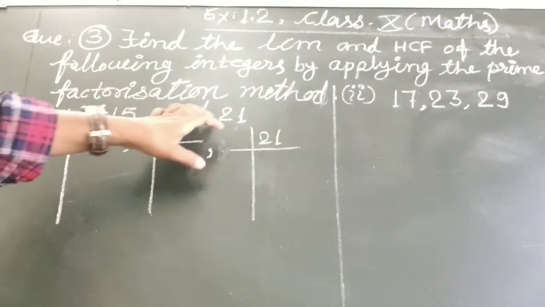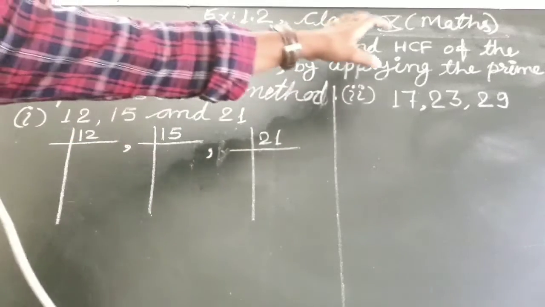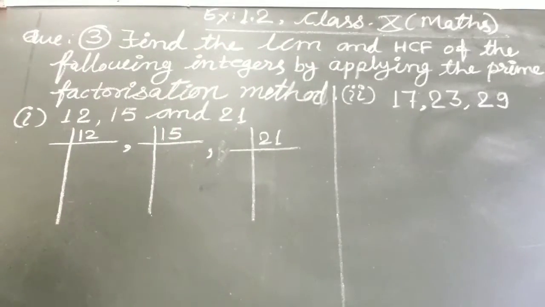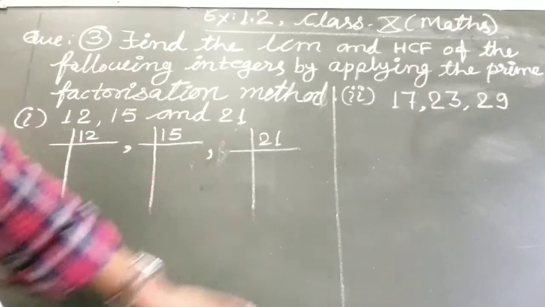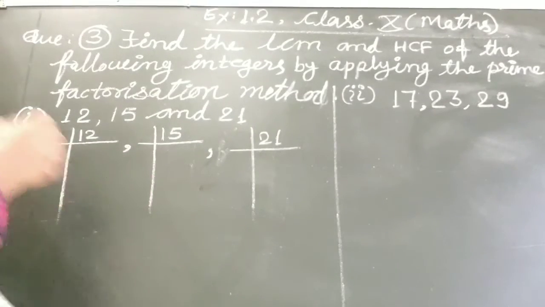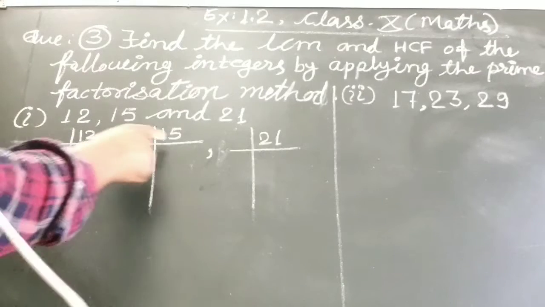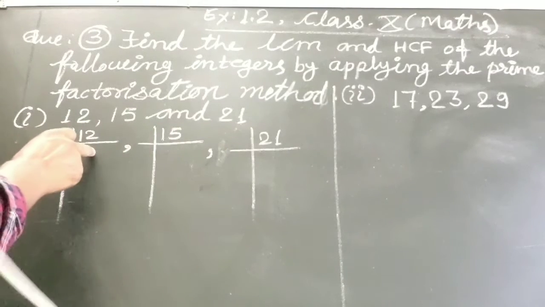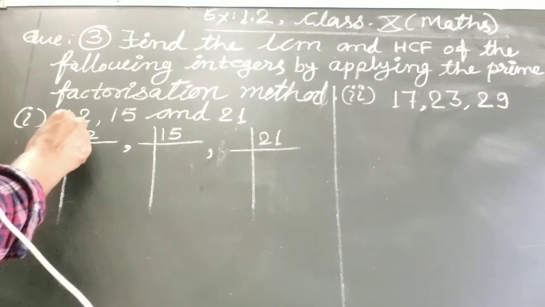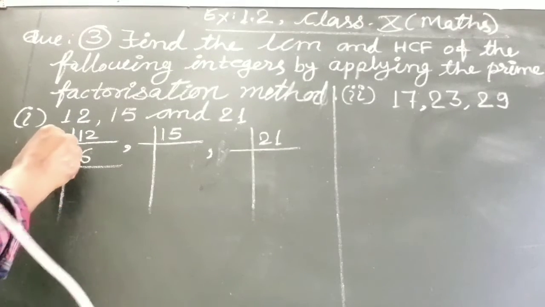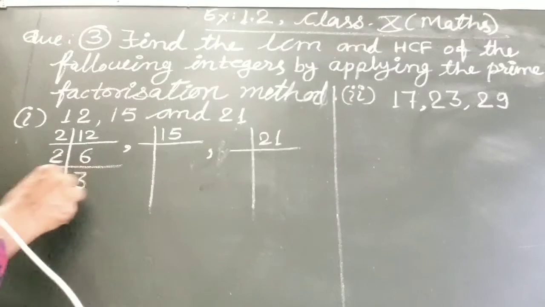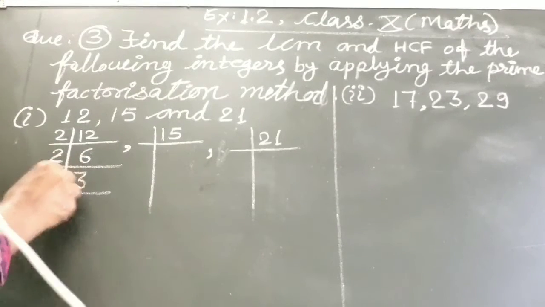12, 15 and 21 का LCM और HCF find करना है, both LCM and HCF. First we have to find the prime factors of 12, 15 and 21. 12 divided by 2 is 6, 6 divided by 2 is 3, and 3 divided by 3 is 1.